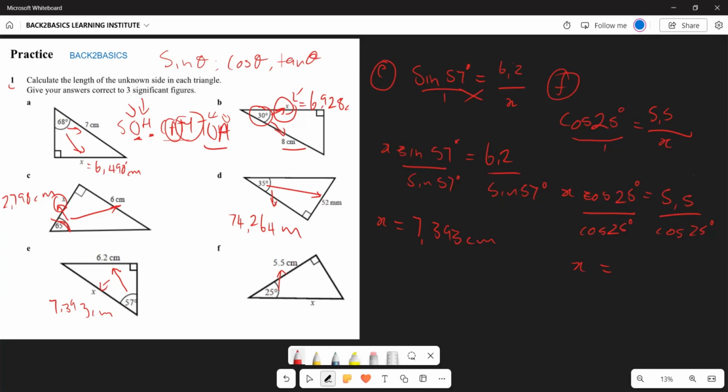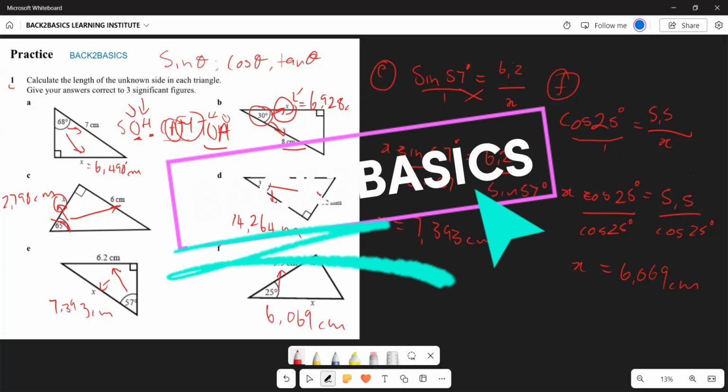Your value of that is going to be 6.069 centimeters. Okay, so now this is as far as calculating an unknown side is concerned.